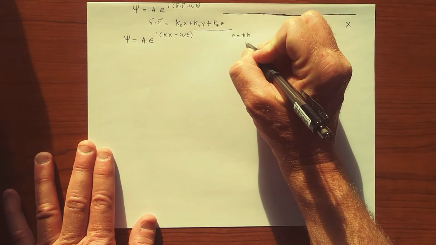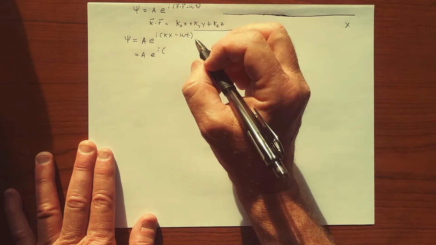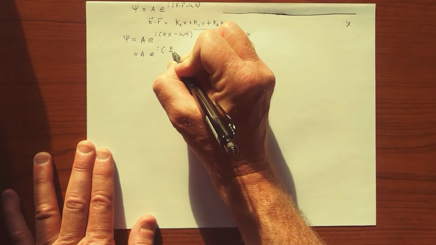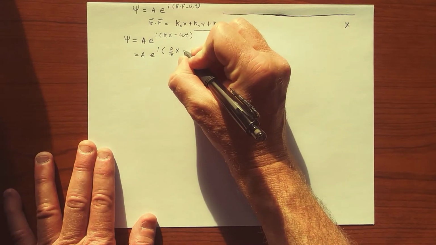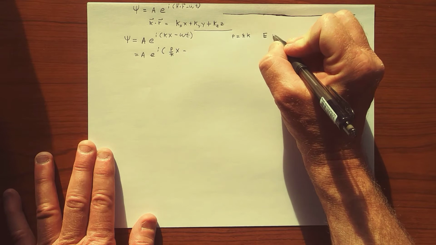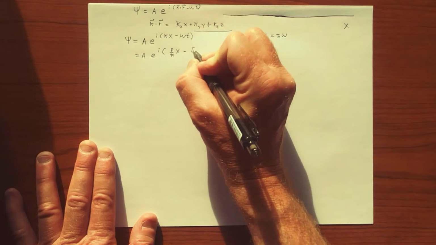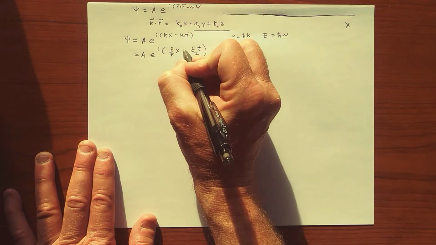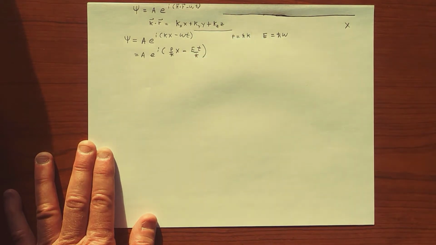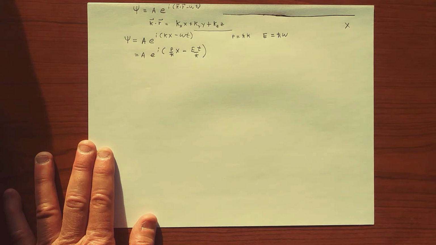So we could write this as A e to the i times p over h bar x minus, right, we're writing things in terms of their particle properties. And so we could say that E t over h bar is this part. But otherwise, it's the same kind of object. It's this wave that is traveling to the right, and we wanted to describe this one-dimensional particle.